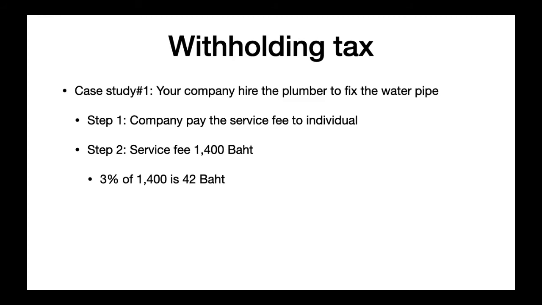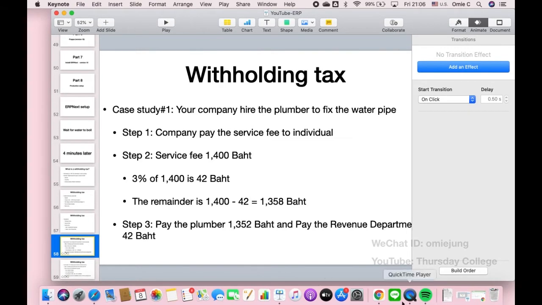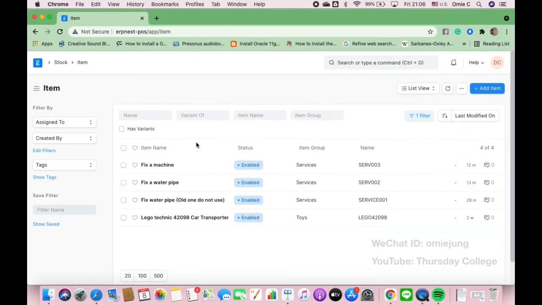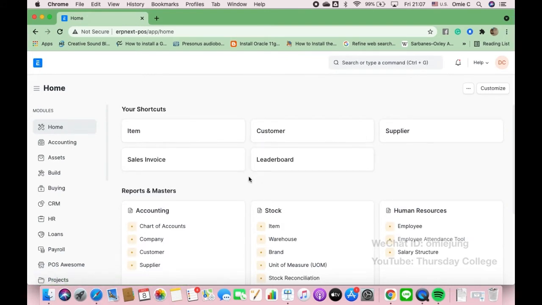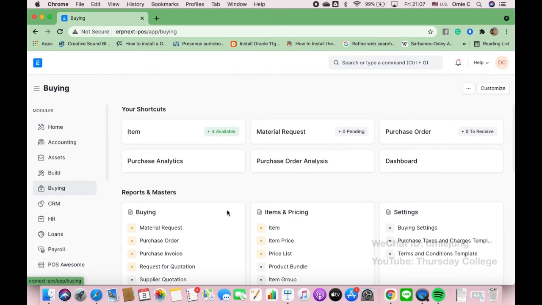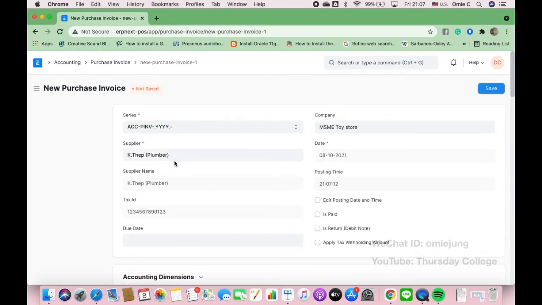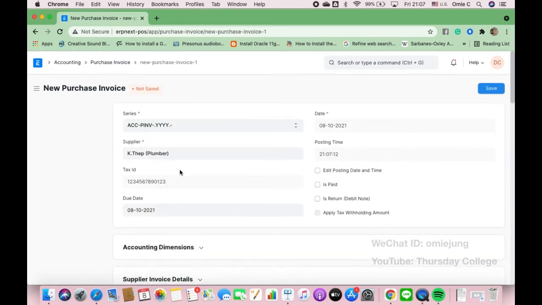Okay, so let's see what it's going to look like. We go to ERPNext, and then I go to the purchase. The purchase is in the buying, so we go to purchase invoice, and then we ask the plumber to fix the stuff.